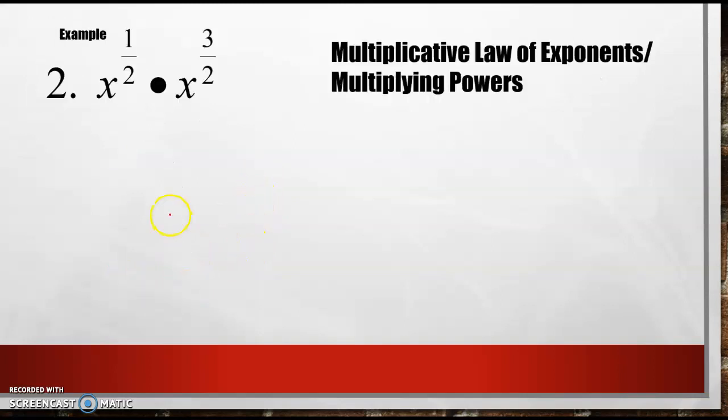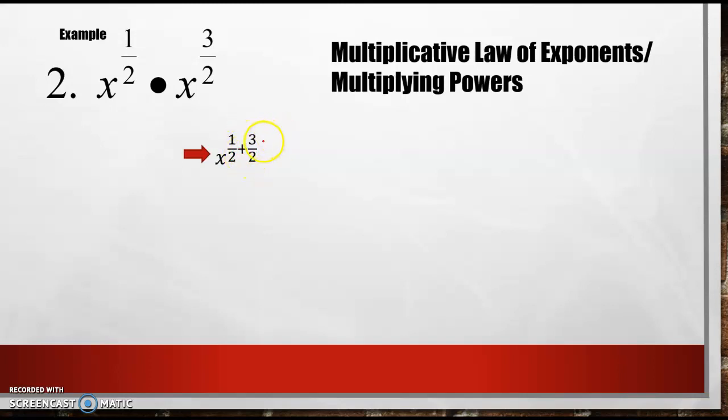Right? Next example is x raised to 1/2 times x to the power of 3/2. Here we have the same base, and the operation is multiplication. Therefore, we're going to use the multiplicative law of exponents, or multiplying powers. When we multiply powers, we add the exponents. If you have noticed, the fractions here are similar.